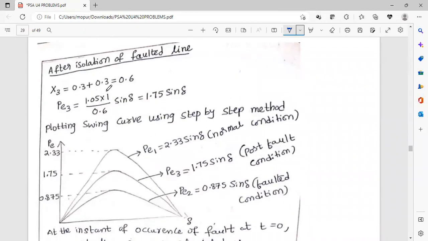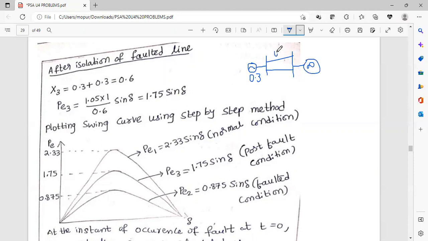Here we had a generator. This generator is having 0.3, and then it is connected to a bus bar, which is having two parallel branches, and the other end is connected to the infinite bus bar, the infinite grid.